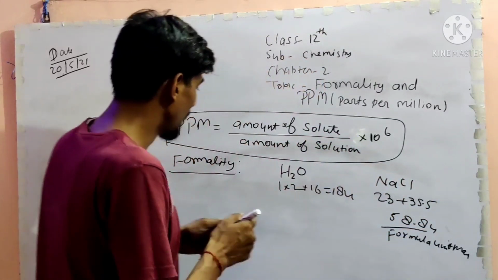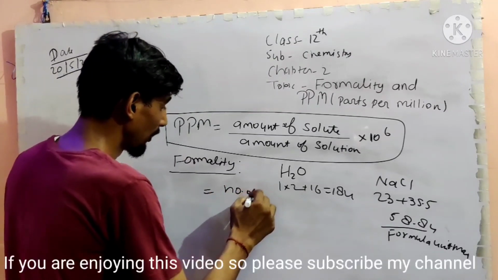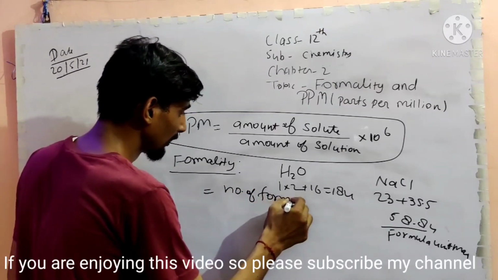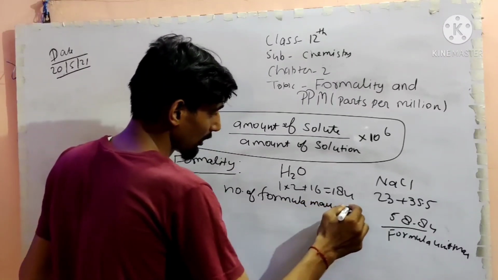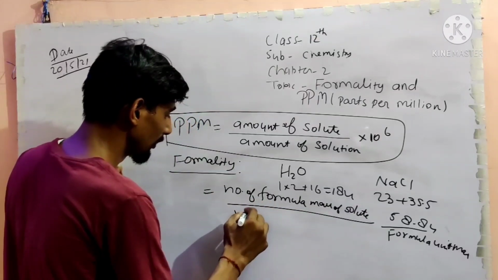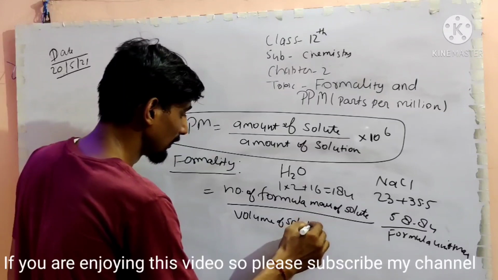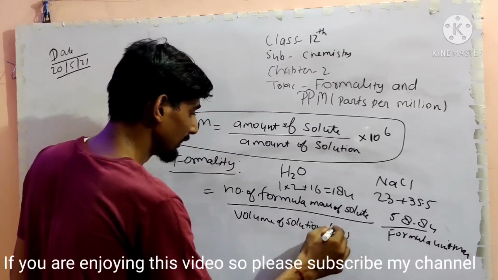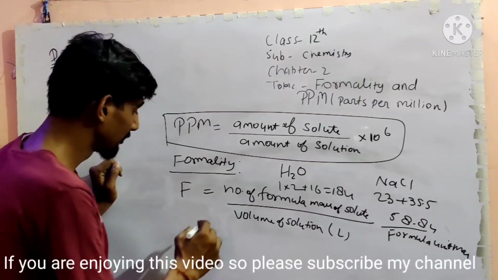So what is formality? Number of formula masses of solute upon volume of solution in liter. This is expressed as F.